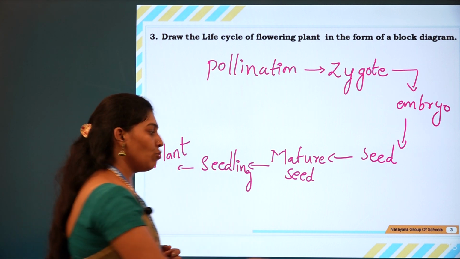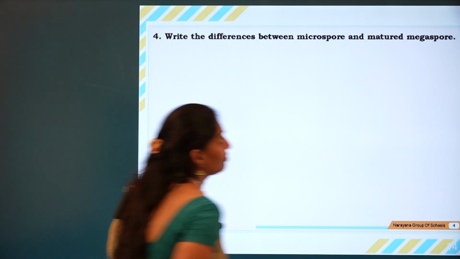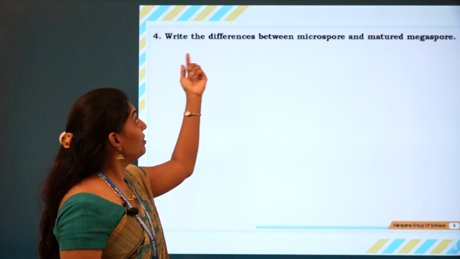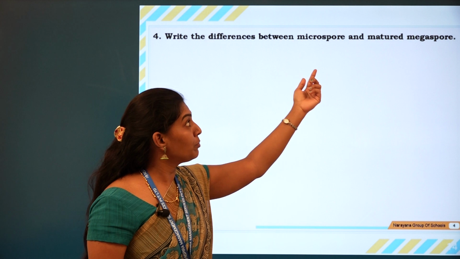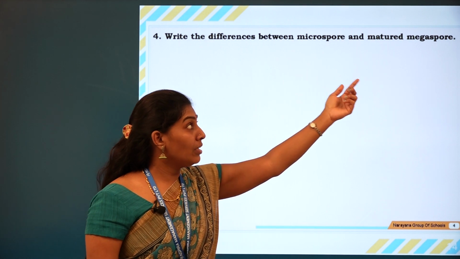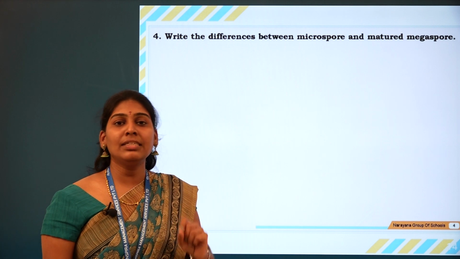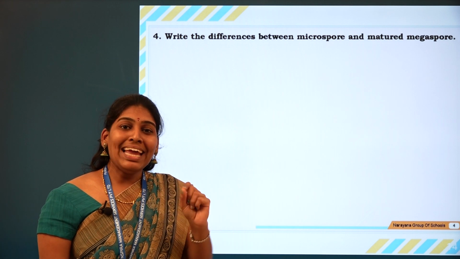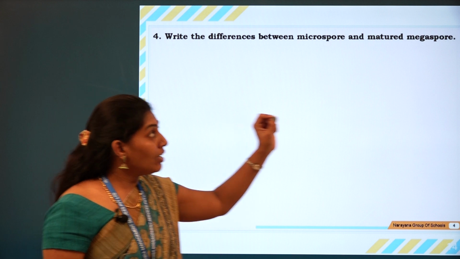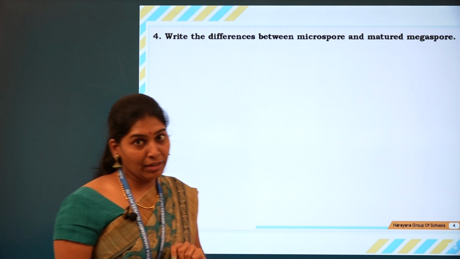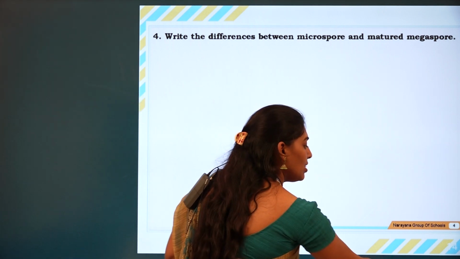Then the next question: write the differences between the microspore and the megaspore. Here we need to know that the microspore is the male gametophyte and the megaspore is the female gametophyte. Let us discuss the differences.